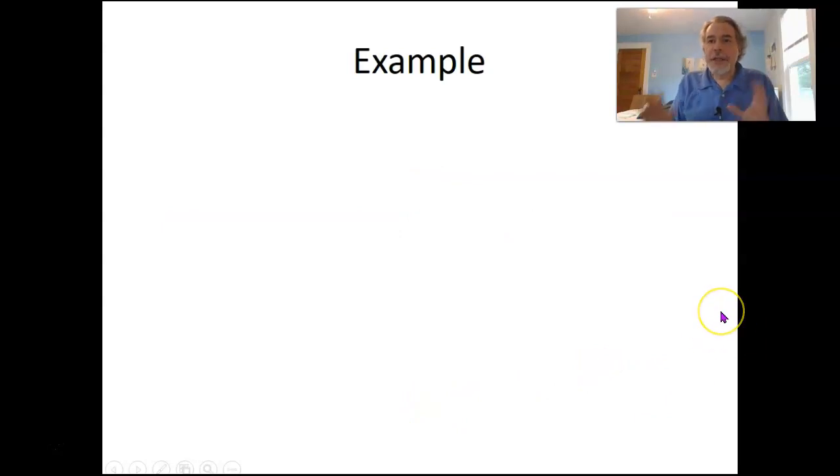So let's start off with an example. And yeah, sometimes the examples or exercises that you see in algebra books are kind of contrived and artificial. And that's to give you practice at the process of solving word problems, of taking a situation and translating it into an equation so that you can use your powers of algebra to solve that equation and get the answer to the problem.